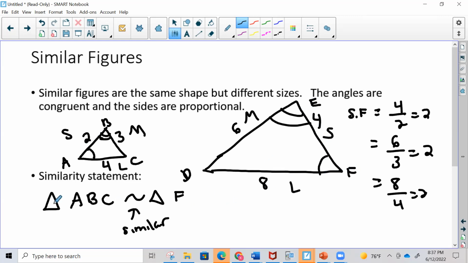So E goes with B because again, there's 2 markings, and it's between the small and the medium, just like over here. And then C would go with D. And so this is the similarity statement. Okay, be very careful. It's really easy to be fast on these and then make a mistake.